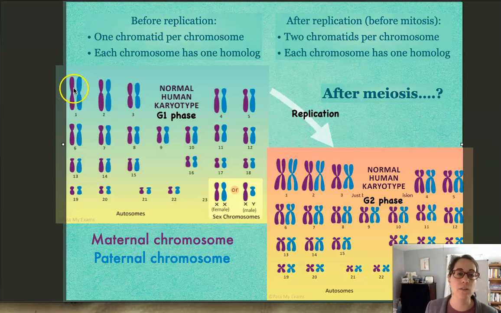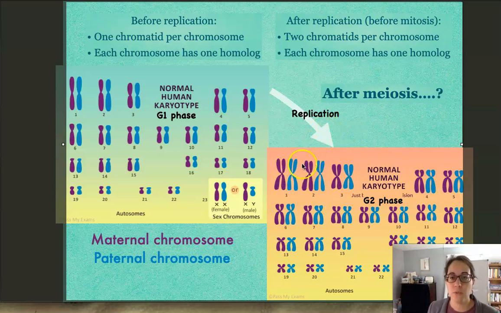And again, if we look at chromosome, actually I believe it's chromosome 2 that carries genes for eye color, here we might have the brown eye color variant, and here we might have the blue eye color variant. And then none of these other chromosomes are going to carry variants for eye color because that gene only occurs once in the genome.